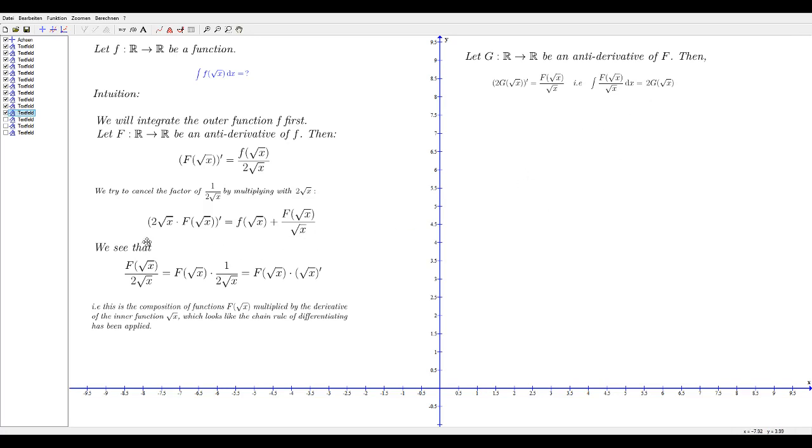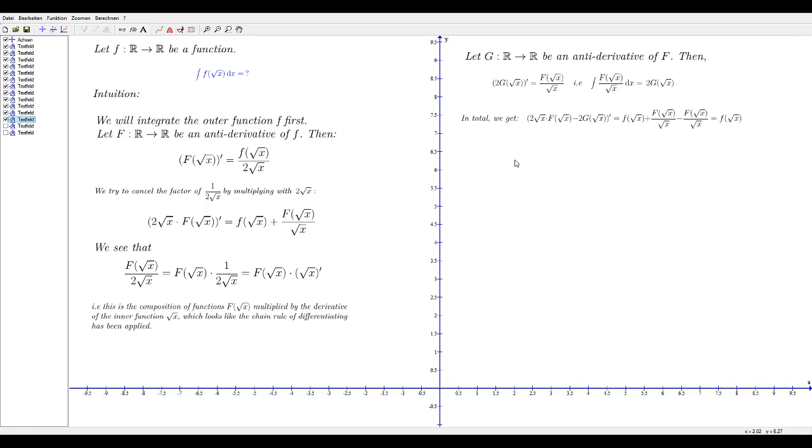The idea is that we add a function, 2 square root of x times capital F of square root of x, which upon differentiating will yield a minus capital F of square root of x divided by square root of x, so that we remove this plus capital F of square root of x divided by square root of x.